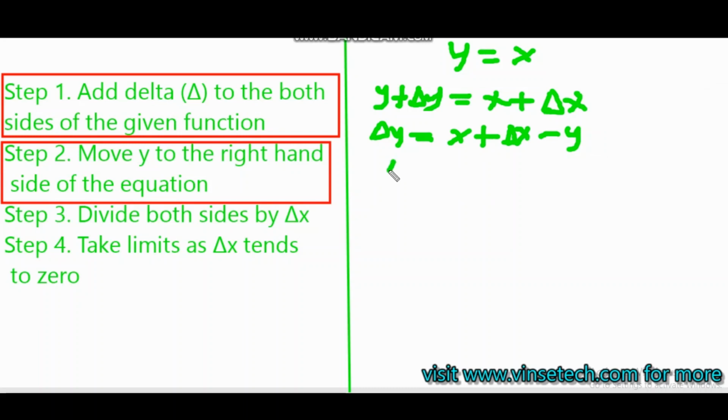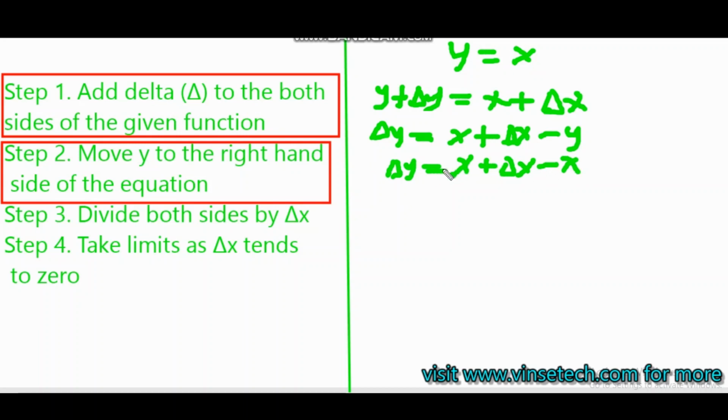change in y is equal to x plus change in x. Replacing y, we know that y is equal to x, which is minus x.